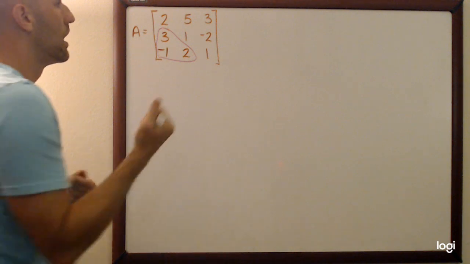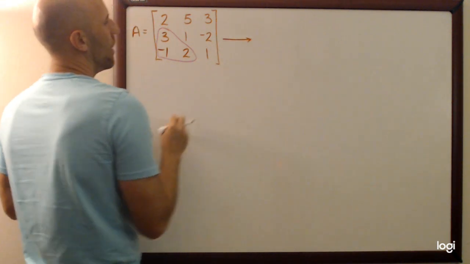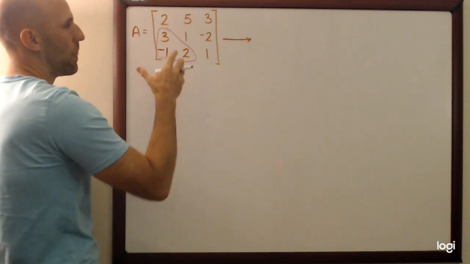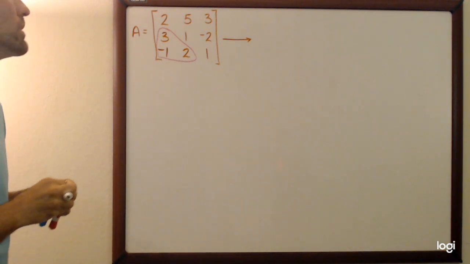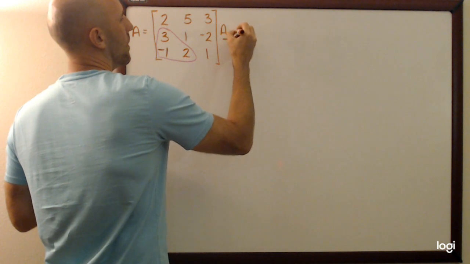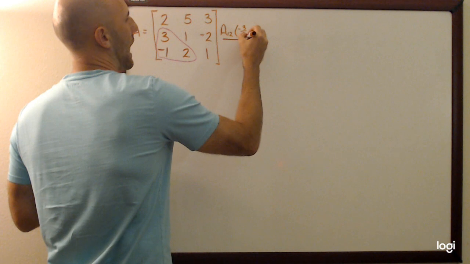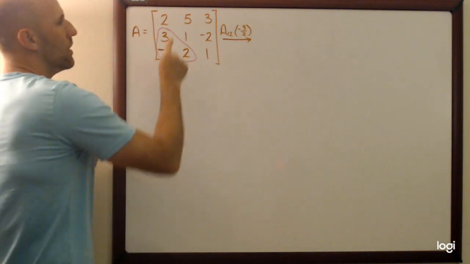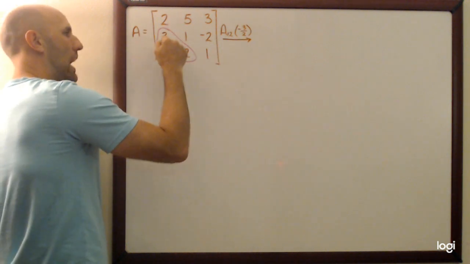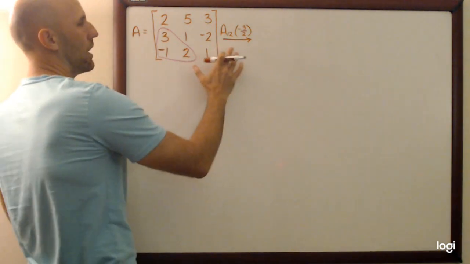I'm going to ask myself, what multiple of 2 added to 3 would give me 0? Well, that value is -3/2. 2 times -3/2 would give me -3, and if I take that -3 and add it to 3, that'll give me 0. So that's definitely one of the operations I want to do.